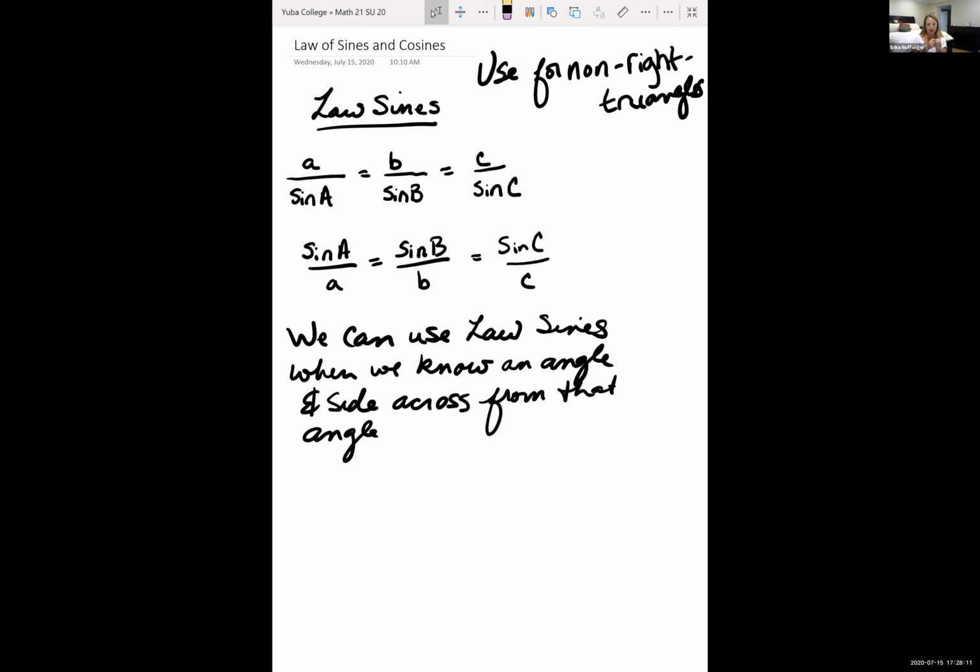If no triangle exists, I'm going to get contradictions, and I'll know right away that there's not a triangle. Your book does it a little differently, and you have to memorize certain cases, but if you always assume there are two, it will disprove it if there are not two.